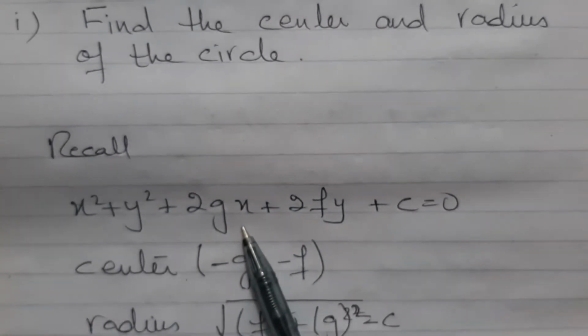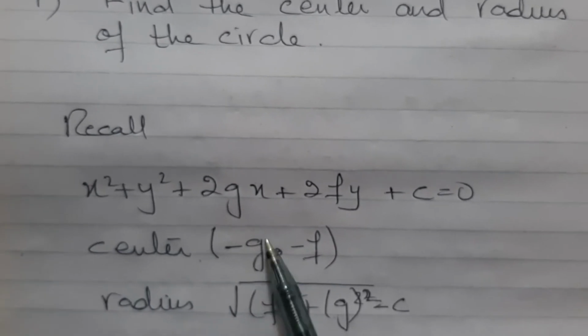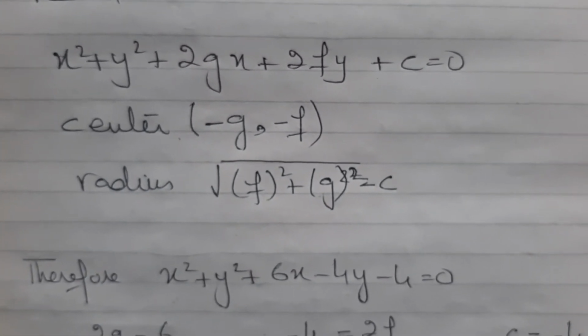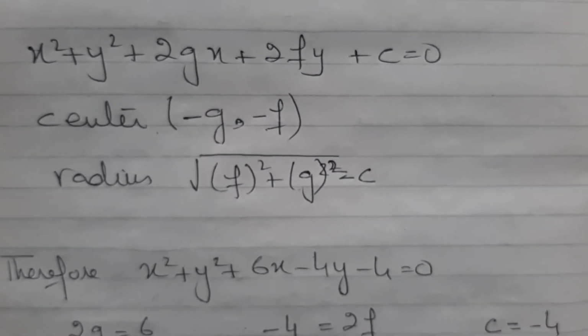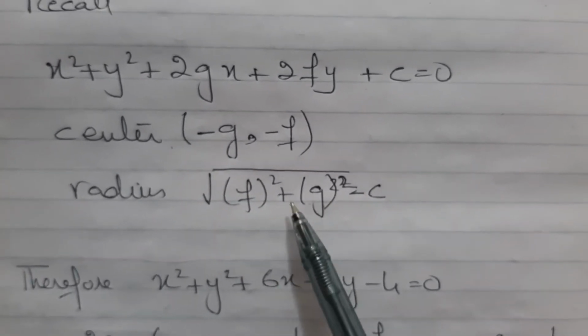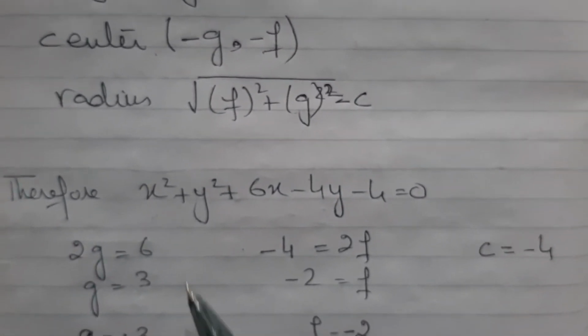So whatever is the coefficient of x, that thing will go here. And my radius is f square plus g square minus c. And here you are squaring and adding, so which one you write first doesn't matter. Anyway, so let's just start.